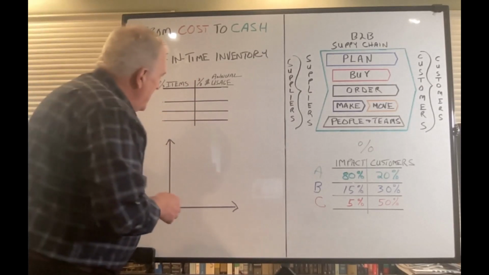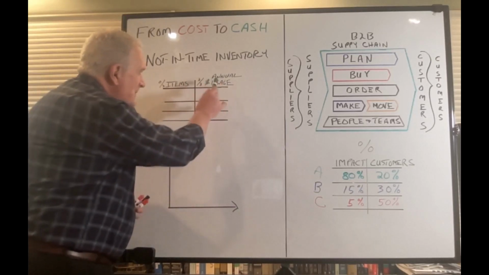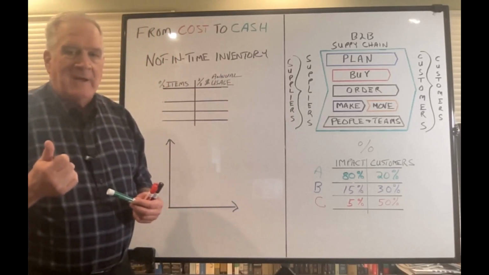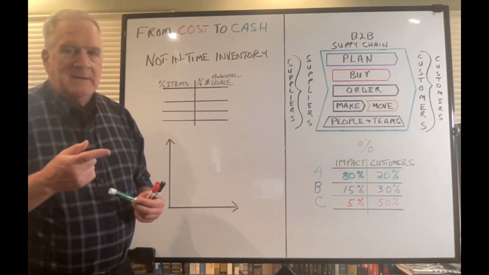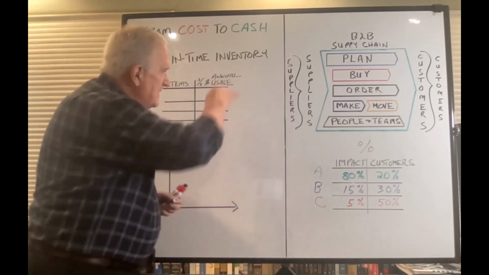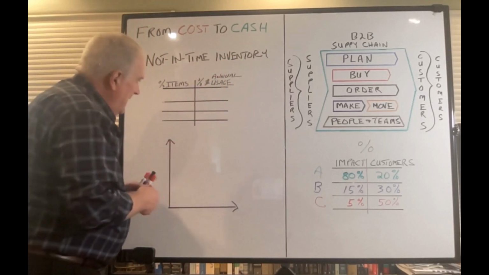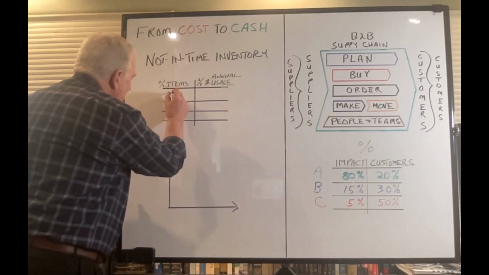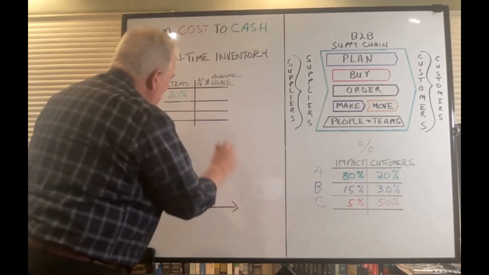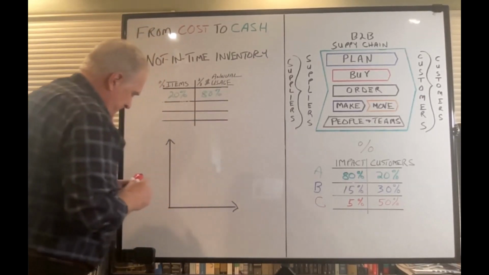And we start with an analysis of our inventory items based on annual dollar usage. So that's the forecasted volume of an item times its standard cost. That gives you an annual dollar usage for that particular item. And we sort those from highest annual dollar usage down to lowest. And not surprisingly, we're going to find that 20% of the items, just like we found with our customers, generate 80% of that annual dollar usage.